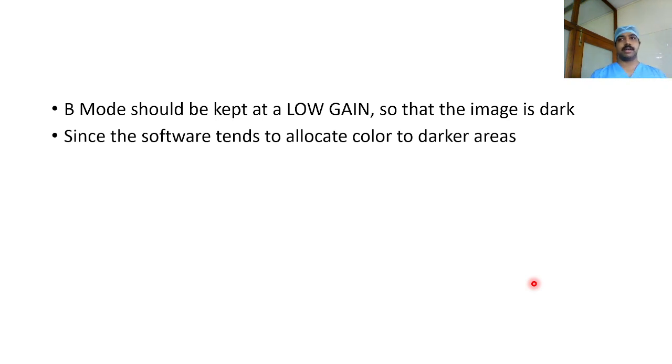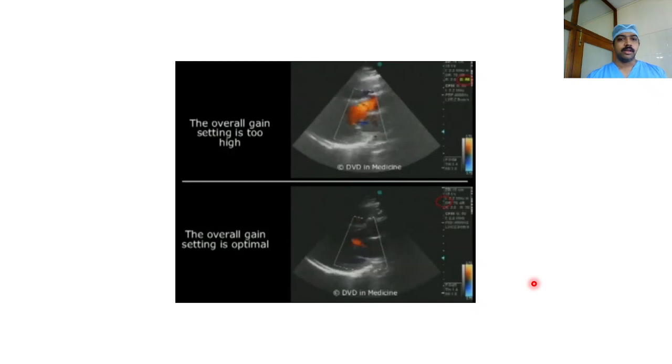Then when we put the color Doppler, that will help in better allocation of the color Doppler signals to the darker areas. So the B mode gain should be reduced. Then when we put the color Doppler, we can slowly adjust the color gain also with the same button. In this, the overall gain denotes the 2D gain. Here the overall gain is too high, and here the overall gain is optimal. Showing a video picture.